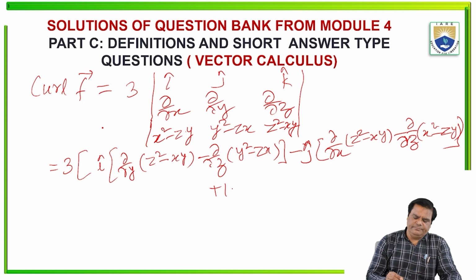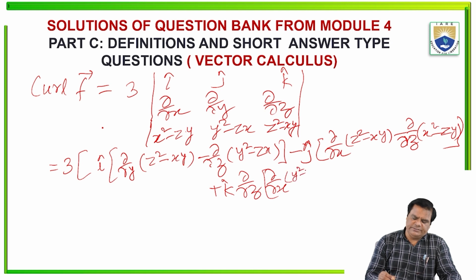Next plus k, dou over dou x of this, third column and first row cancel. So dou over dou x of y square minus zx, minus dou over dou y of x square minus zy.